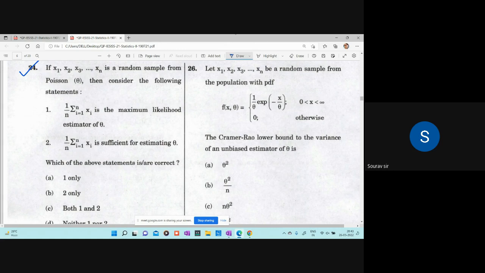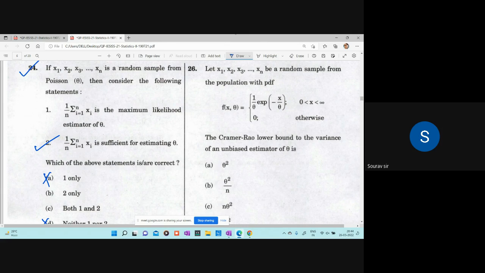You can see that for sufficiency, this statement is absolutely correct. So 2 is correct, and we can exclude option 1 and options A and D. Between B and C, we have to choose one, so we need to judge whether option 1 is correct or not. Basically, 1 by n summation xi is also the MLE for estimating theta.